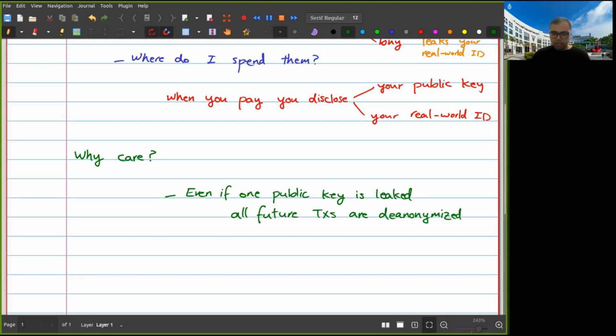So if my government or my broker or my coffee shop or whoever knows that this particular public key belongs to me, then they can just track whatever this public key does on the blockchain.